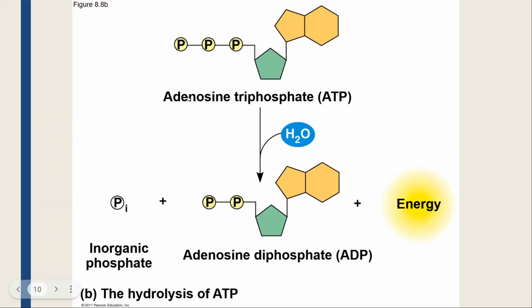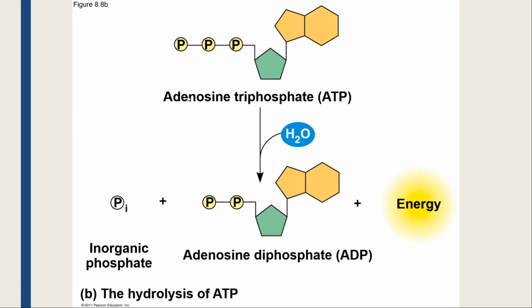So again, ATP can break down or hydrolyze, and when it hydrolyzes, it removes the phosphate group. As it removes that phosphate group, energy is released, and the energy that's released can be coupled with other chemical reactions. So it can provide the energy necessary for those chemical reactions to occur.